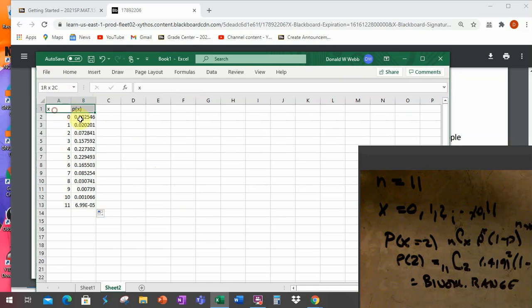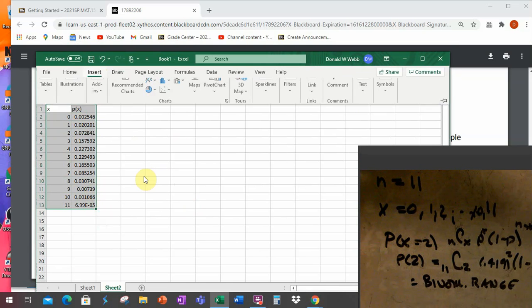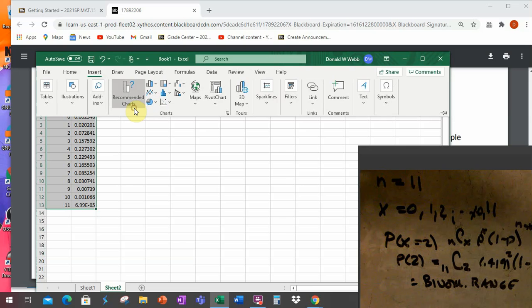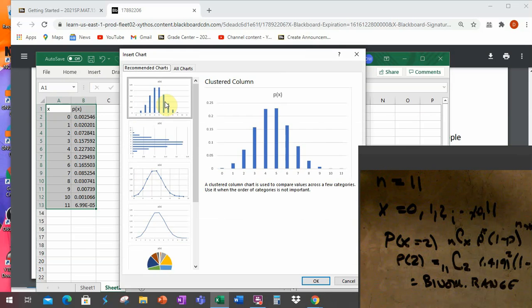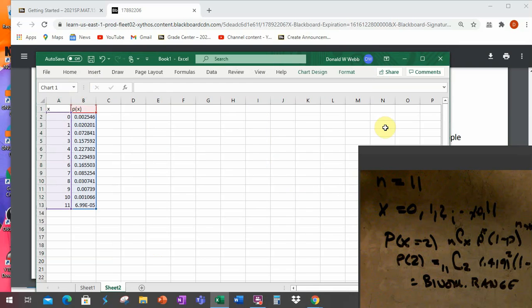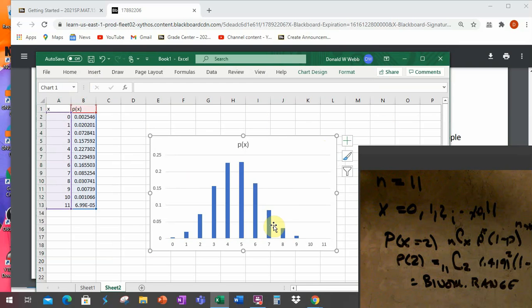You remember doing this? So if I go insert, recommended charts, and do the bar chart. Don't do the histogram, even though Excel does not do it very well. It is painful to go through that thing. I fight it all the time. That's what it would look like. That would be the probability distribution.